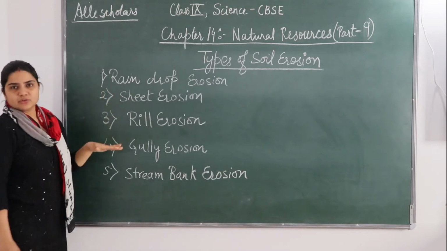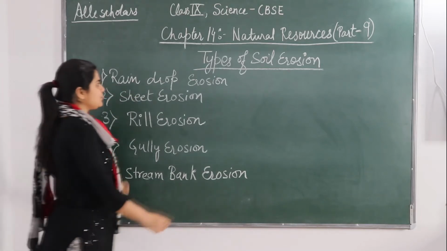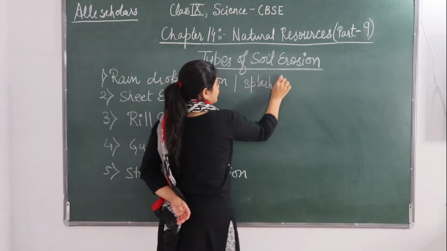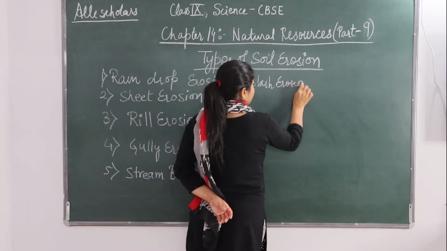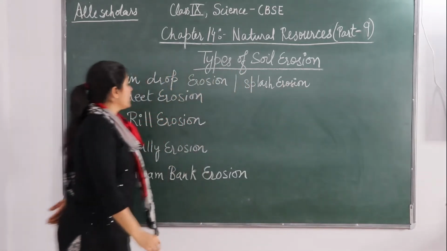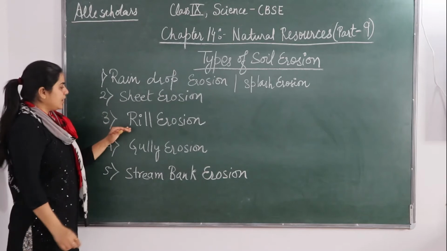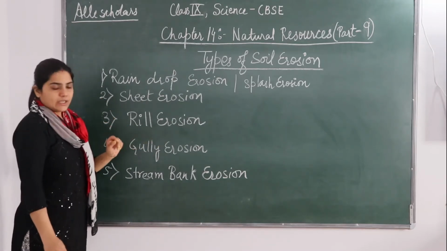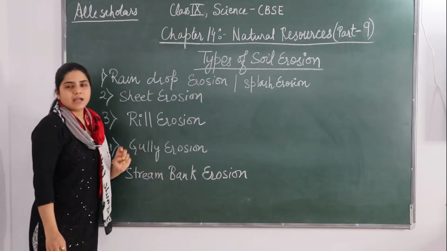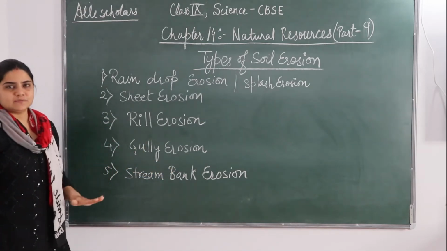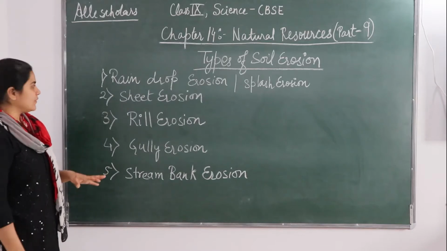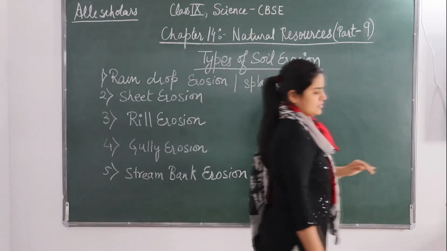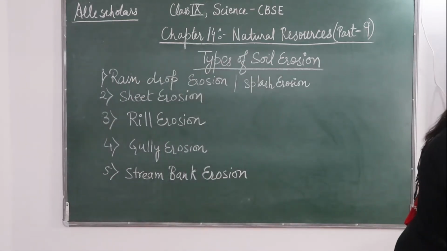The raindrop erosion, which is also called splash erosion, sheet erosion, rill erosion, gully erosion, and stream bank erosion. So there are 5 types of erosion. We shall be discussing each one by one. Raindrop erosion or splash erosion, firstly we will see that.